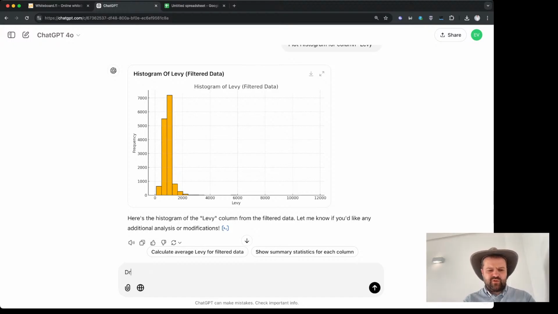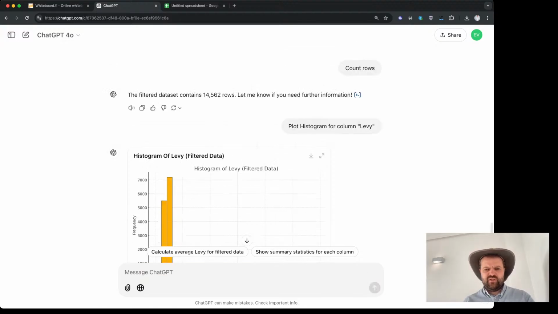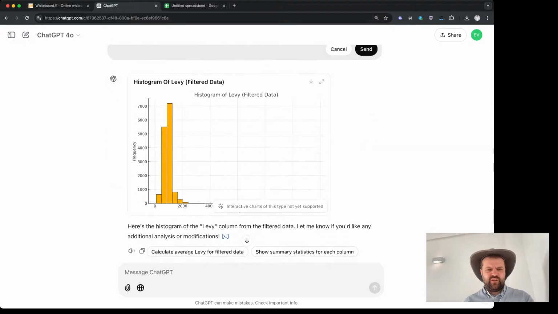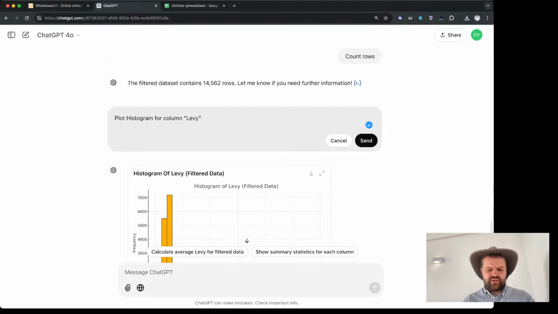Drop rows where column levy values are below, let's say, 50. We can actually ask to have a better histogram. So edit plot histogram, and again let's do the same as previously.